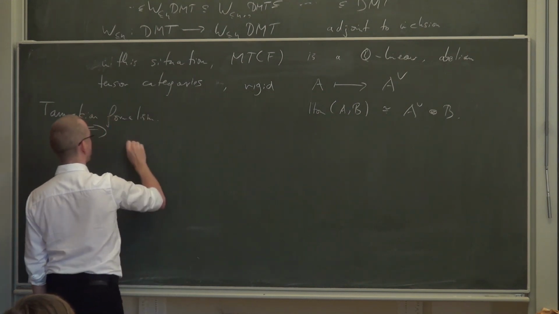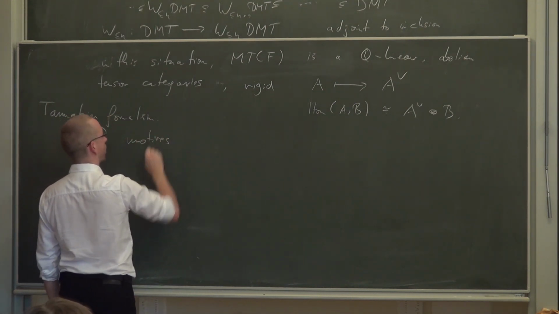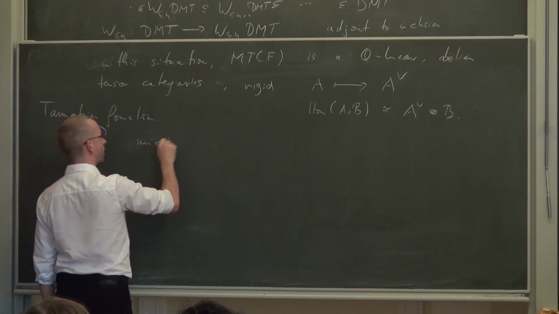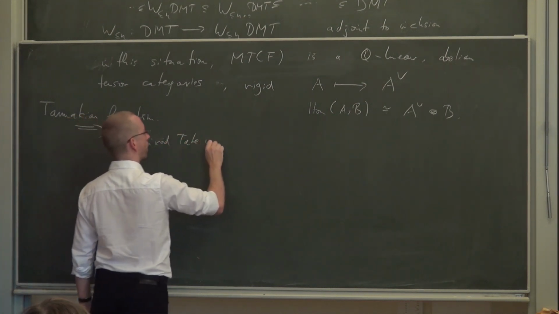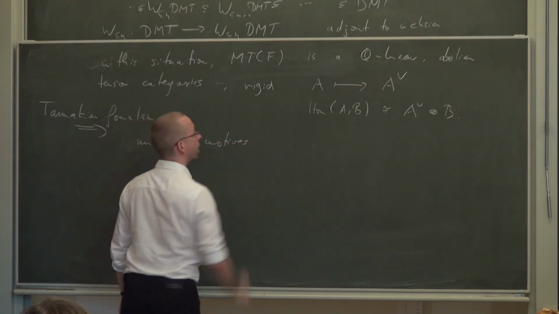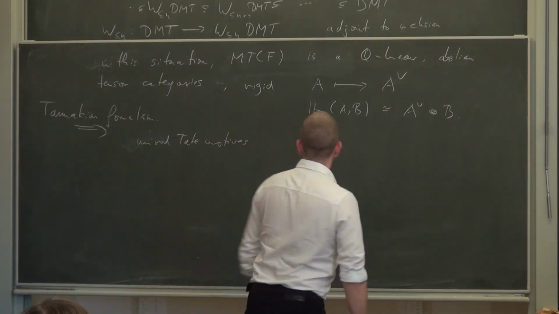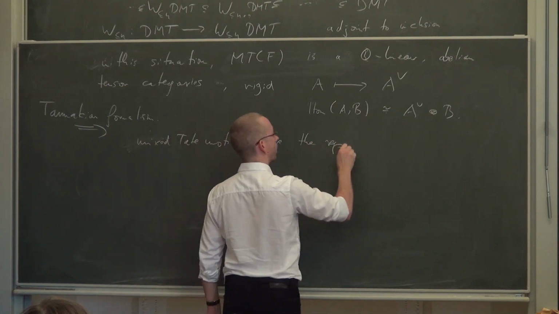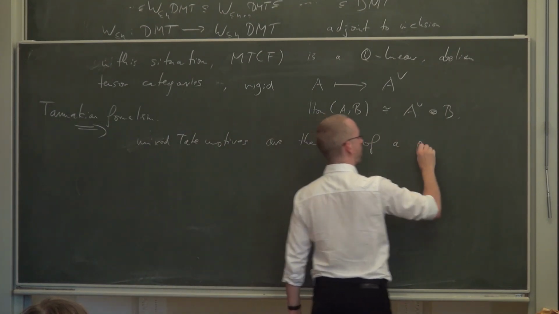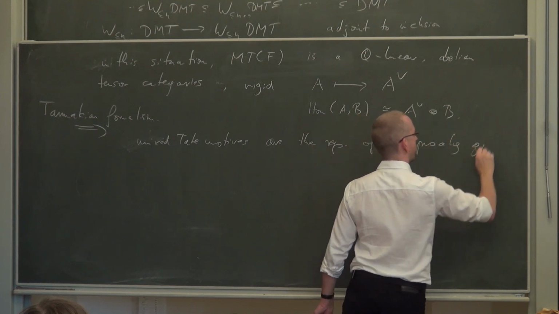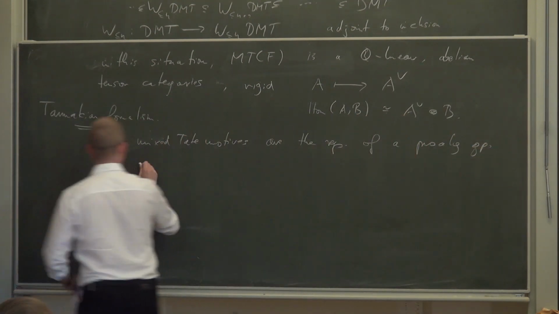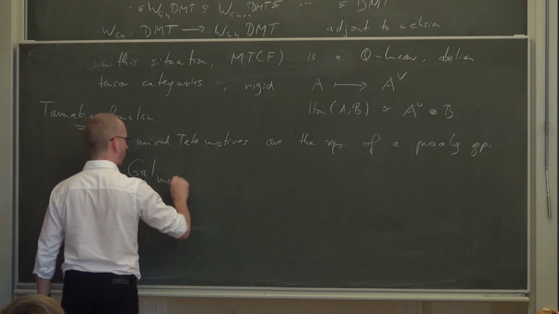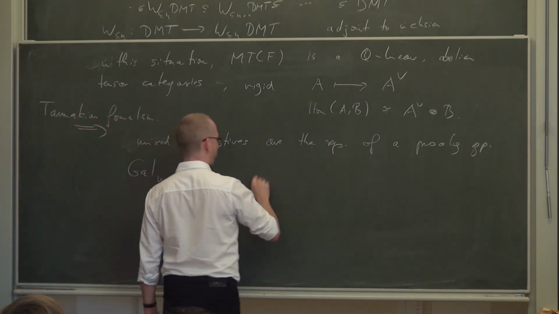So this means that mixed Tate motives are the representations of a pro-algebraic group, which we would call Gal^mot of F, the motivic Galois group.